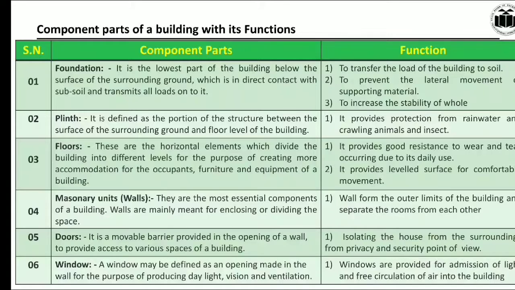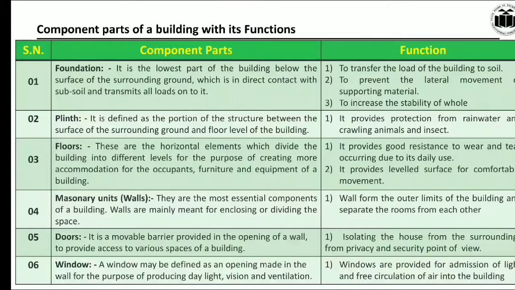Masonry units or walls, they are the most essential components of a building. Walls are mainly meant for enclosing or dividing the space, and its function: walls form the outer limit of the building and separate the rooms from each other. Doors, it is a movable barrier provided in the opening of a wall to provide access to various spaces of a building.